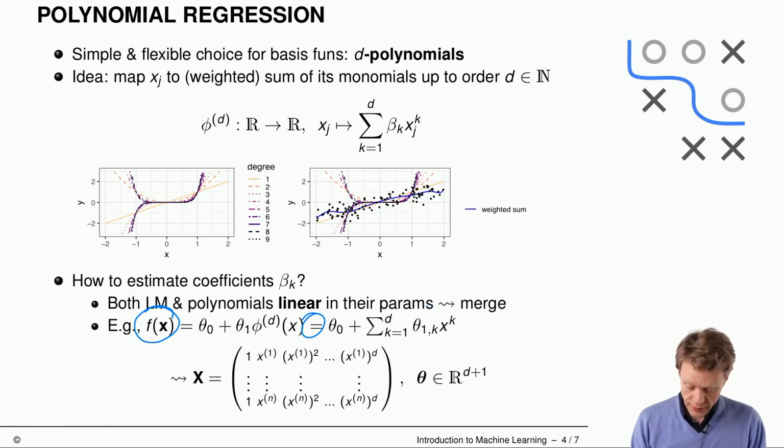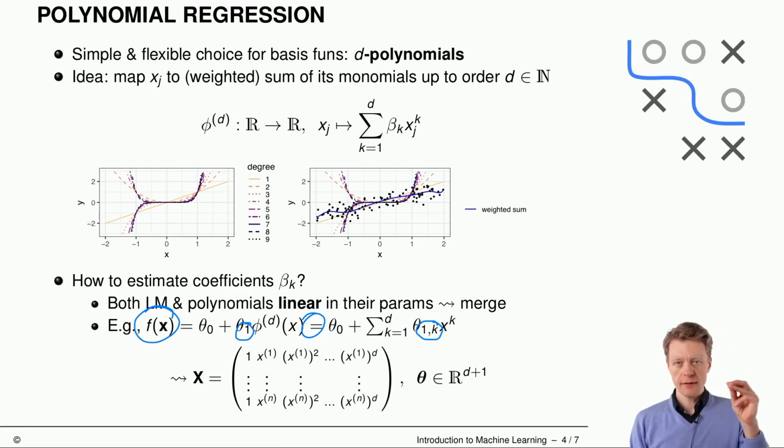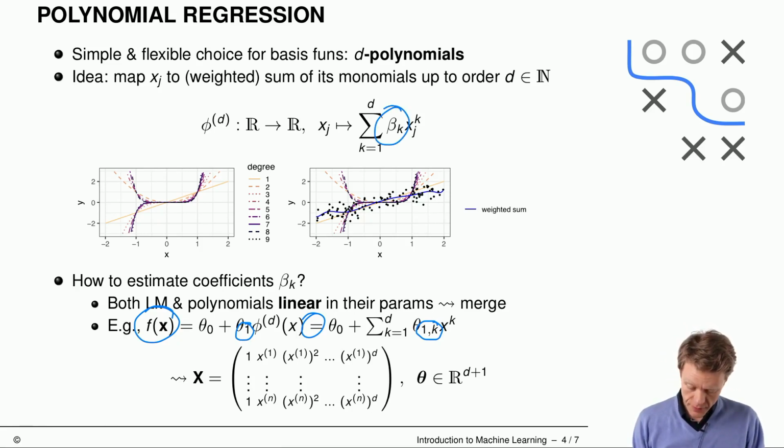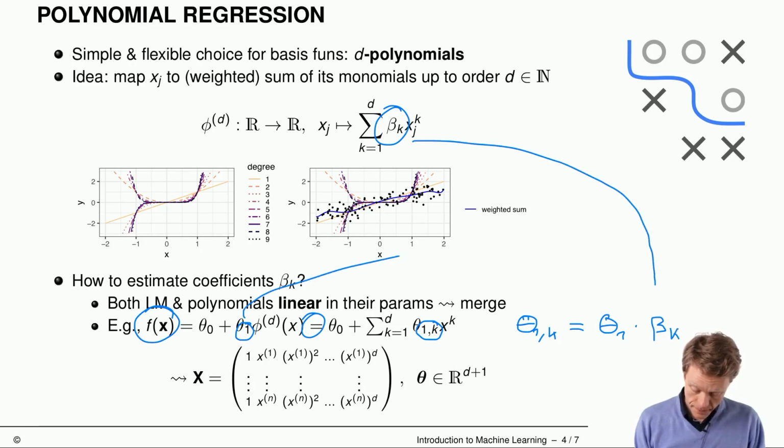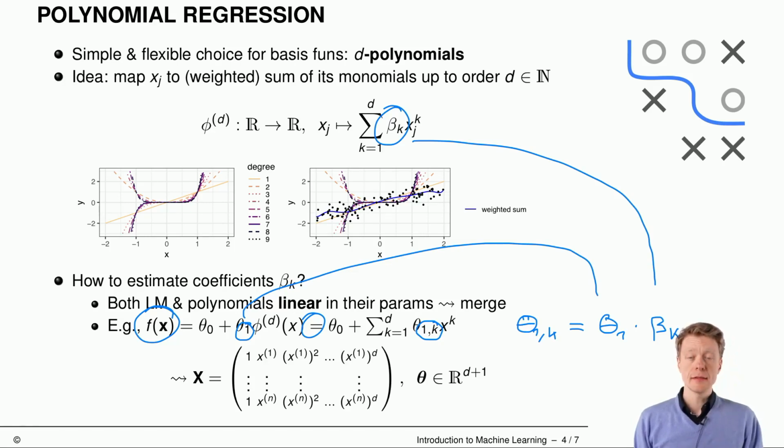Okay, please note that now theta, as opposed to in the left-hand side, has a subscript 1 comma k, which says that this is the weight for exactly that monomial, but it's not the same thing as the beta k above. So we could say that theta 1 k is the same as theta 1 times beta k.